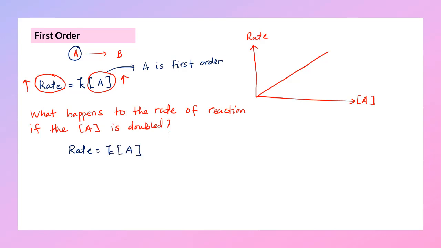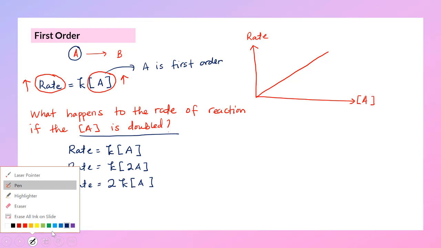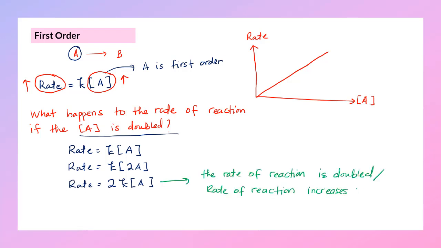But when the concentration of A is doubled, rate equals k times 2 times the concentration of A. So what is the conclusion here? The conclusion is the rate of reaction is doubled, or the rate of reaction increases two times.